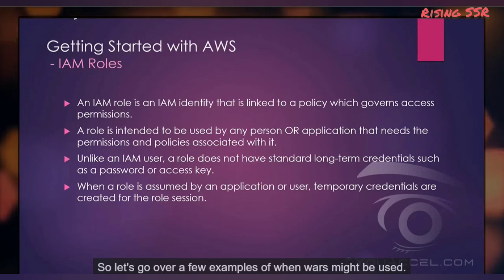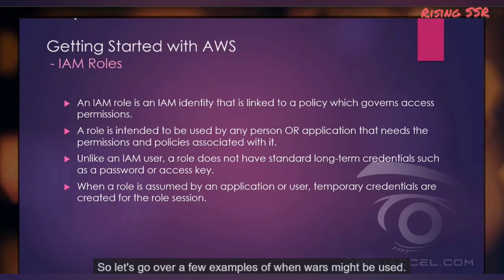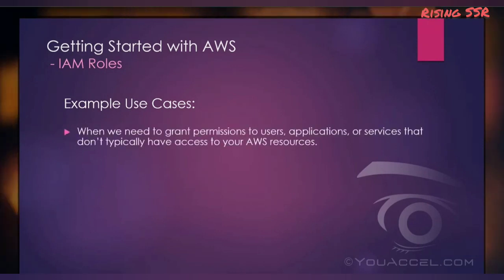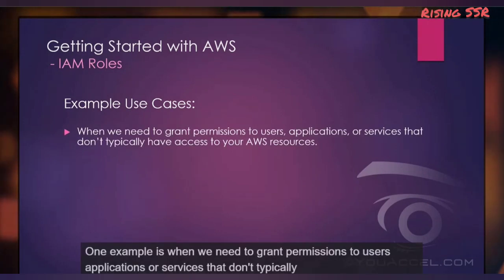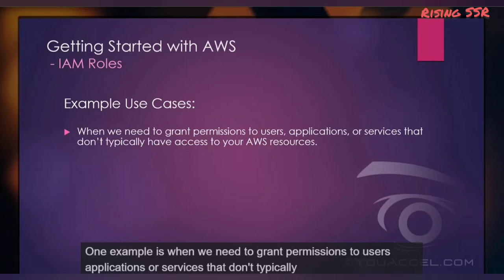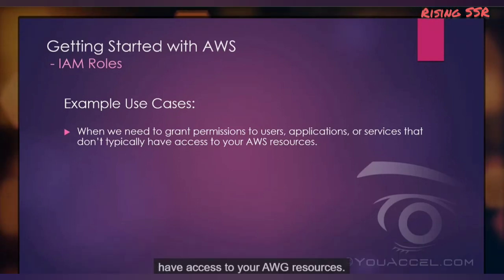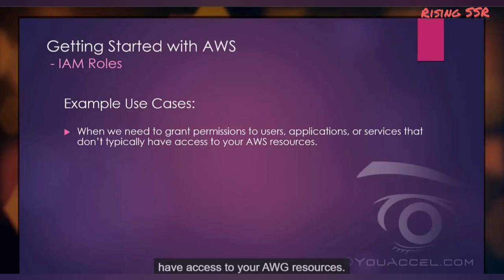So let's go over a few examples of when roles might be used. One example is when we need to grant permissions to users, applications, or services that don't typically have access to your AWS resources.